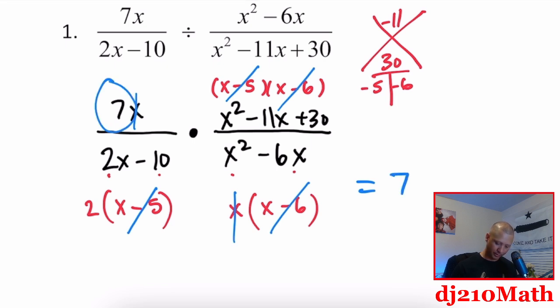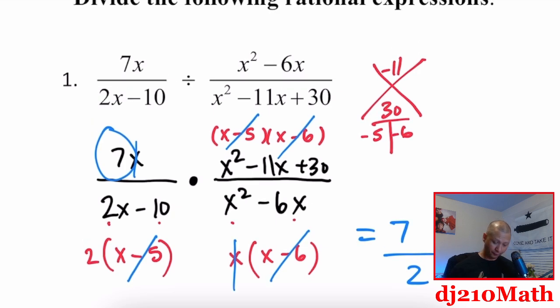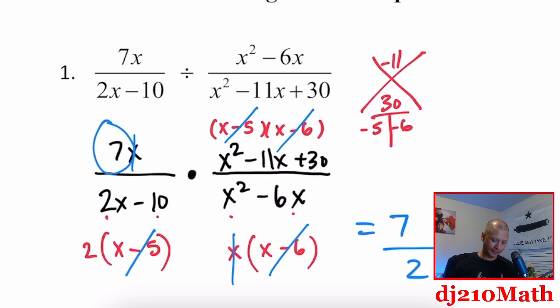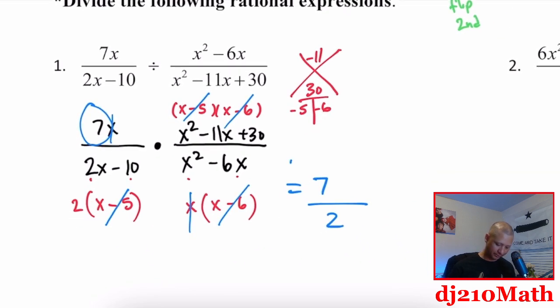That's the only thing left behind. 7 over what's in the denominator? The only thing left is a 2. My goodness. So what we find is that if you take this and you divide it by this, you get 7/2. 7/2 is the answer.